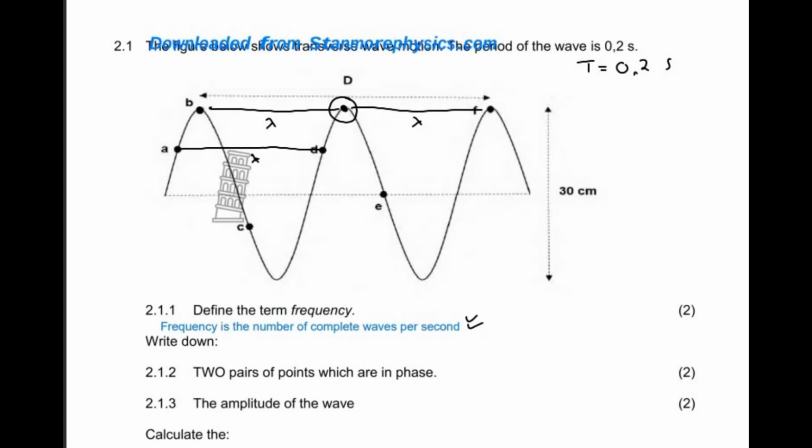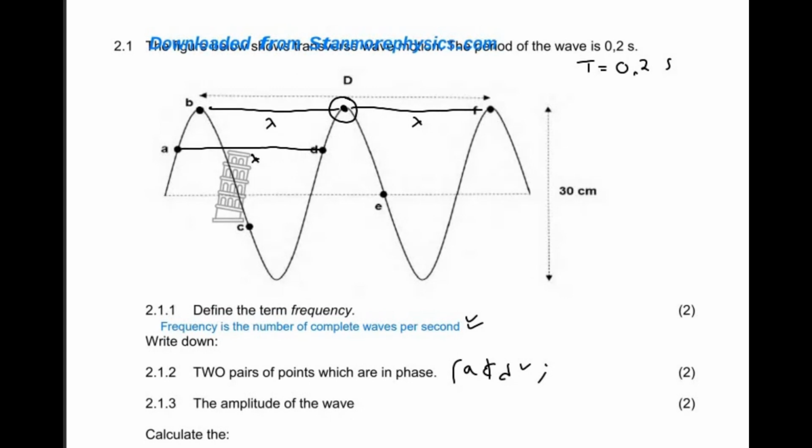So you see this wave or this particle started there. If you're trying to understand the concept of a wavelength, it starts there, it goes all the way down, and when it returns to the same point, it has completed a full wave. Now it means that points A and D are separated by one wavelength, so we can say that points A and D are in phase, but they said we must provide two pairs, so we need to find other points that are in phase.